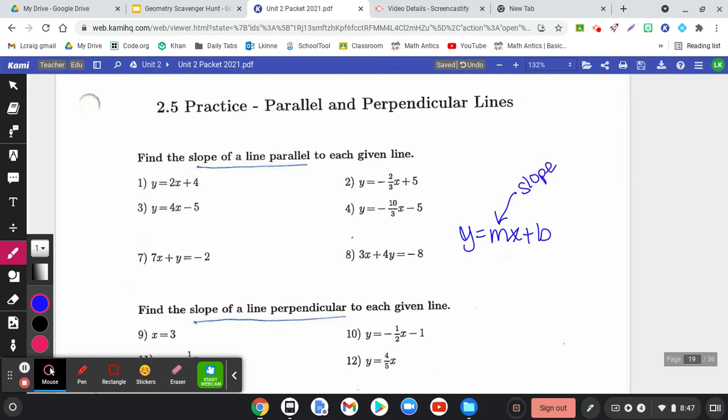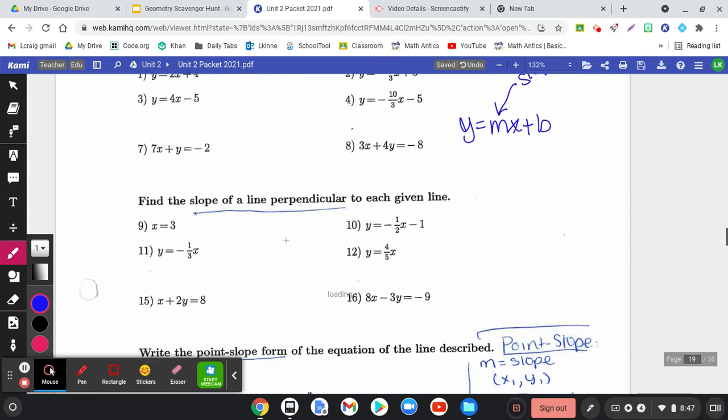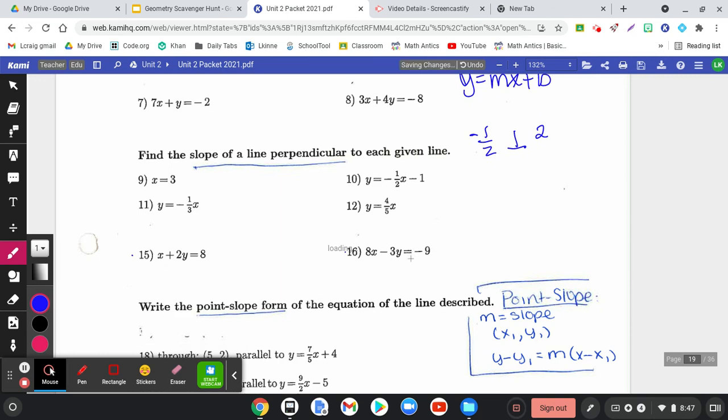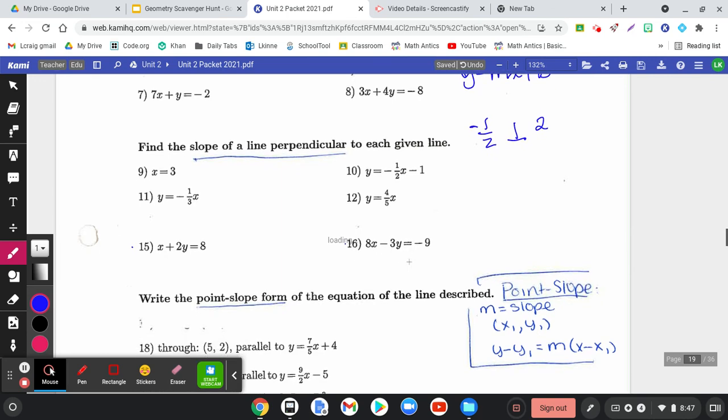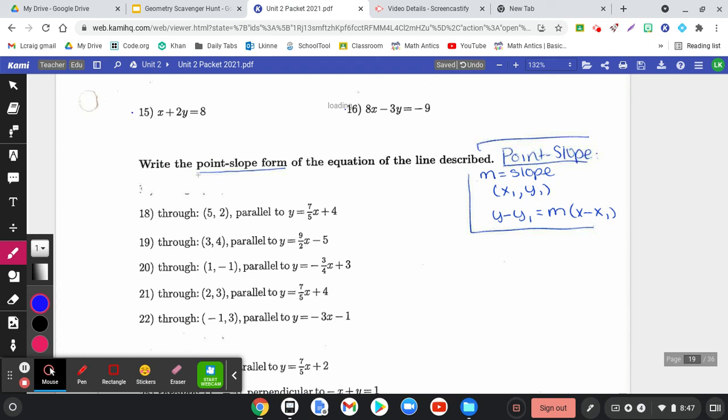And again, we'll be working on this in class tomorrow. Perpendicular, remember, if it's negative 1/2, perpendicular would be a positive 2 over 1 or just 2. All right, and again, for 15 and 16, you're going to have to solve for y. All right, the point slope stuff at the bottom, we're not getting into just yet.